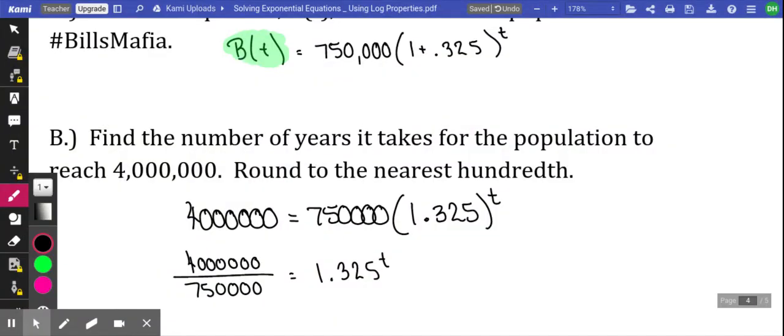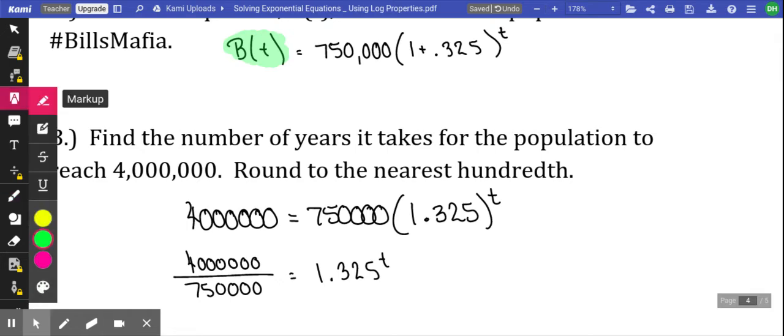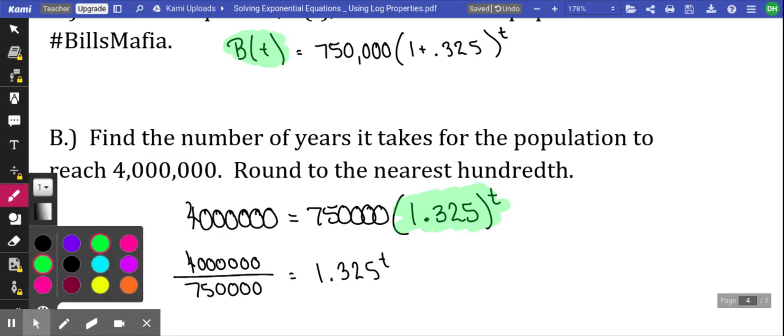Just like we did in the previous two examples, we're trying to isolate that exponential expression. And I think that's worth highlighting. This guy right here is what we consider your exponential expression. And we just needed to divide that 750,000 over. And also what's nice is we could simplify that a little bit. We could cross off some zeros here. So it's really 400 over 75.